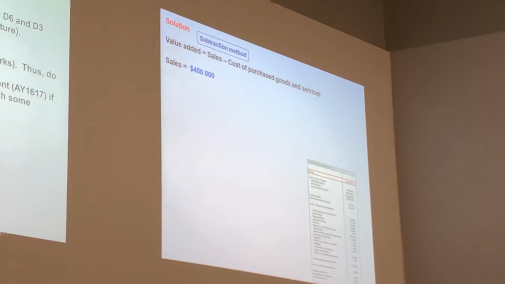Opening stock was how much? Closing stock was how much? What do you mean by cost of sales? Cost of sales is how much? There you go. 380 here. What does it mean here?